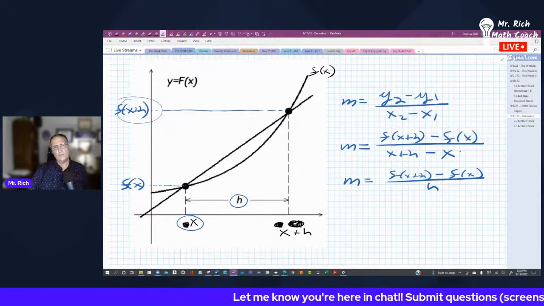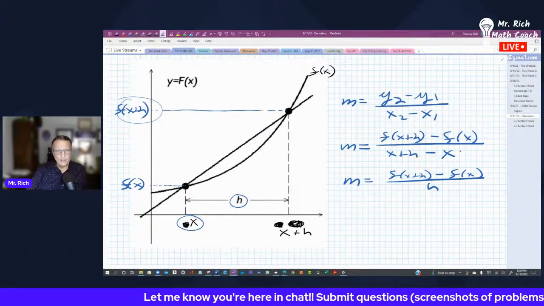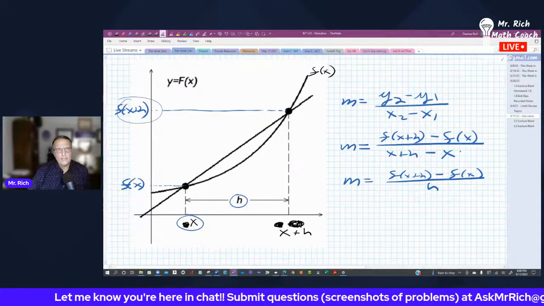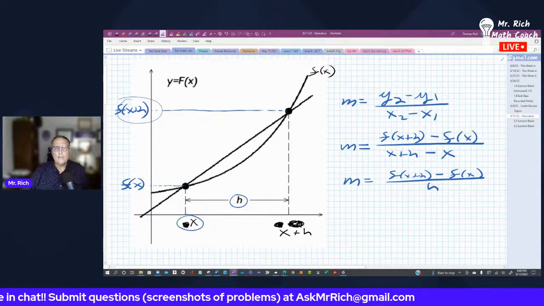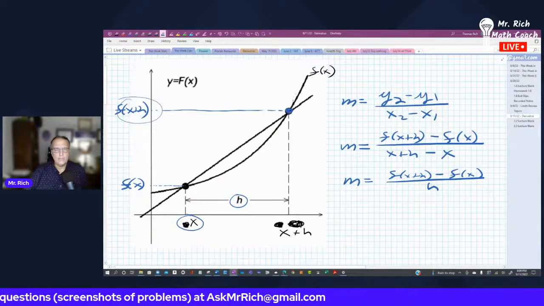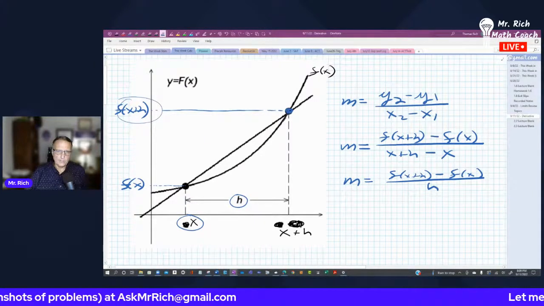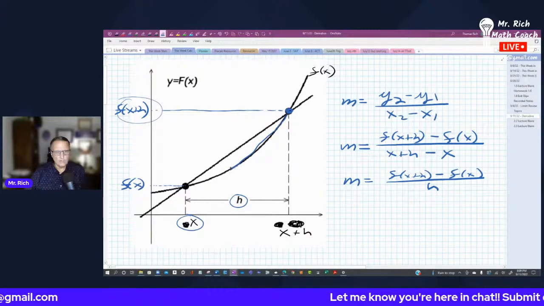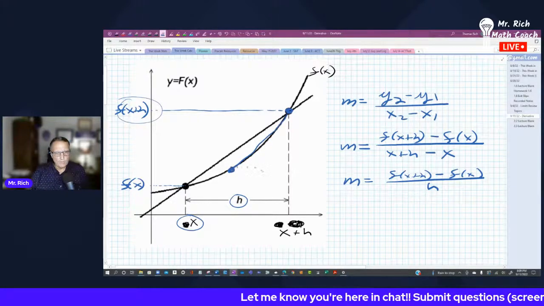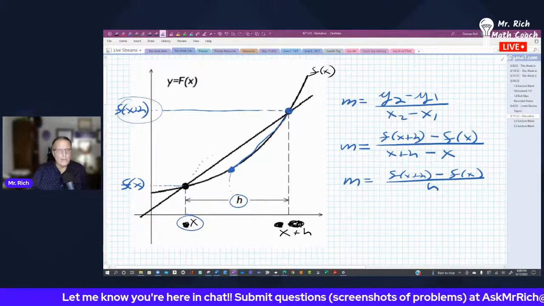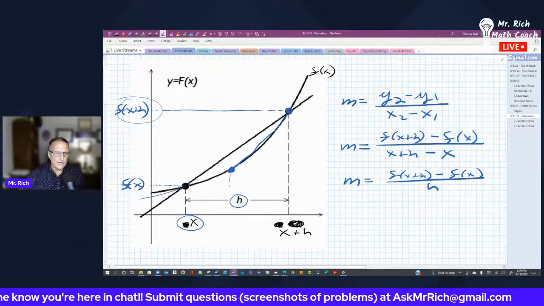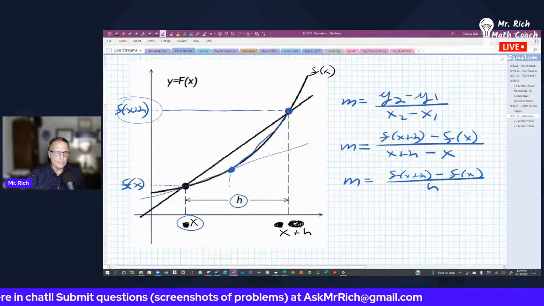But here is what we want to do. If I don't want a slope of a secant line, but I want a slope of a tangent line at x, then what I would need to do is move this other point along the curve to get it closer and closer. If I moved it to right here, my h would have shrunk. It'd be a smaller h, and my secant line would now look something like that.